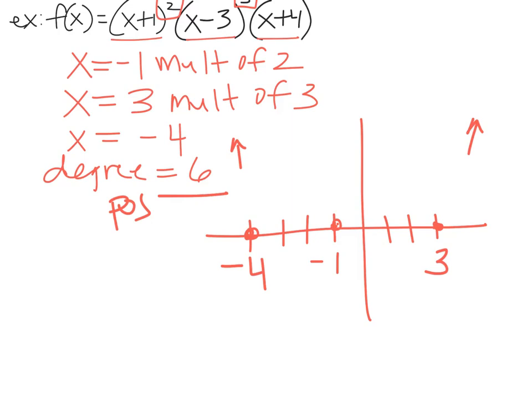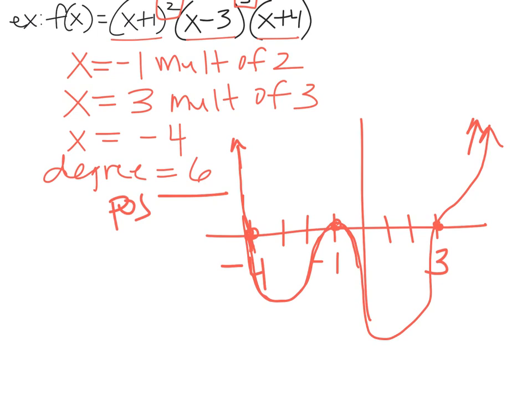So this is how you would graph this. You would just come through negative 4, like normal. You'd go to negative 1 and act like a parabola. Don't go up through here anywhere else but these points. So it comes through like a line here, through like a parabola here, and then over here it would act like a cubic function.